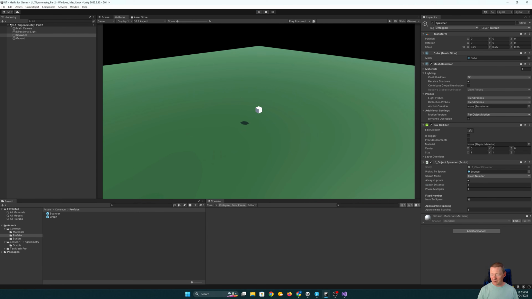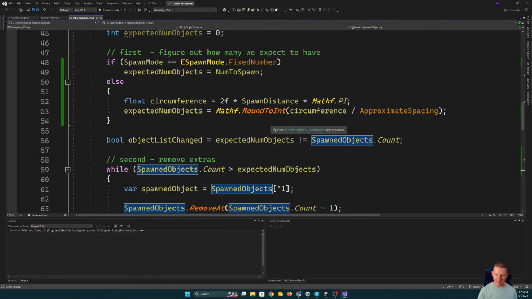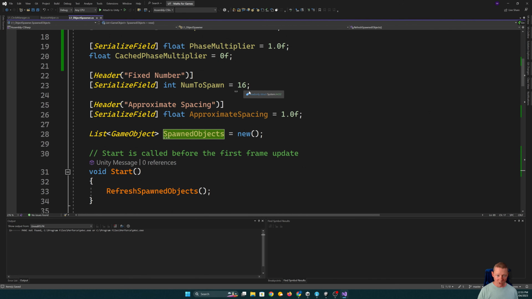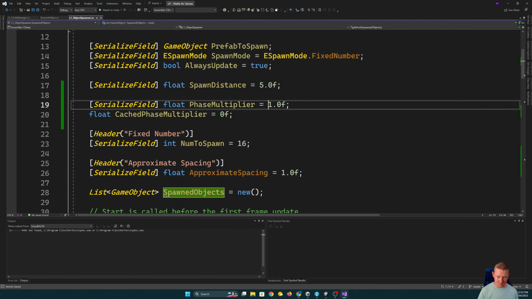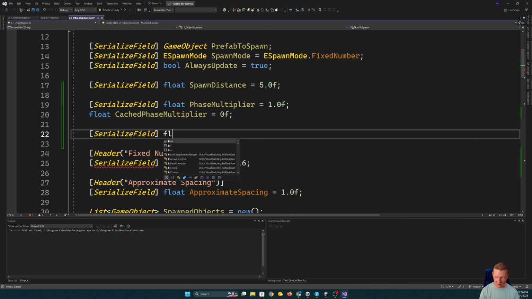We can go a little bit further, because we've done some cool stuff there, but there's a couple of other things I want to really add into this. So I'm going to actually set up so we can vary the distance that these things spawn at. So what I'm going to have here is SerializeField float distanceVariation.